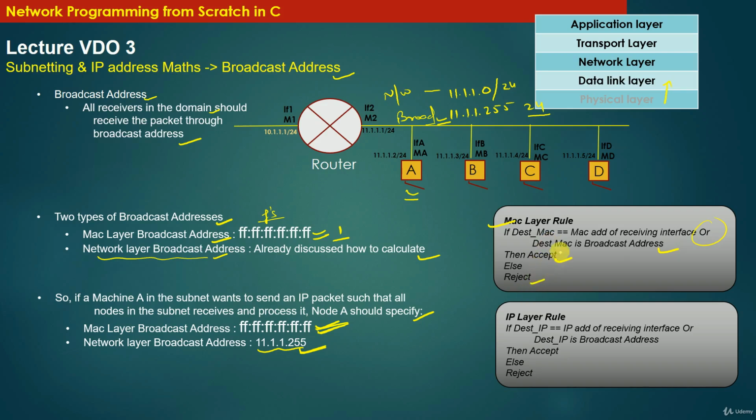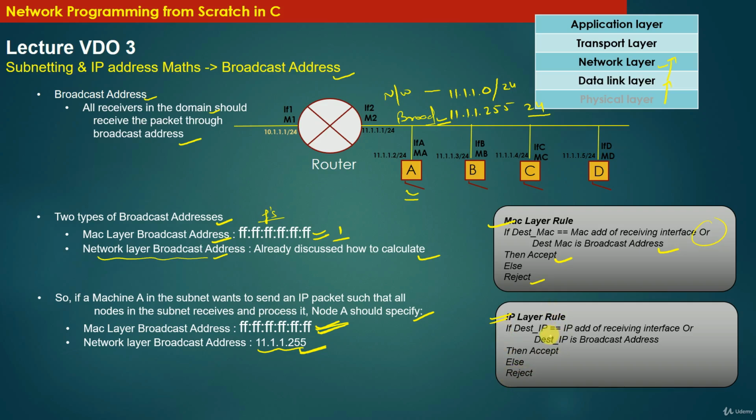When the data link layer accepts the packet, it chops off the MAC header and hands over the rest of the packet to the network layer. When the network layer receives the packet from the data link layer, it imposes the IP rule on the packet to decide whether to accept or reject it.